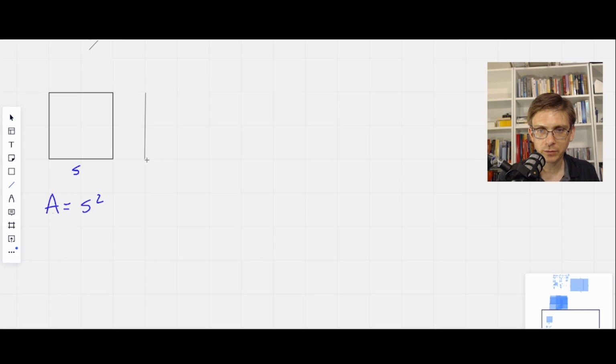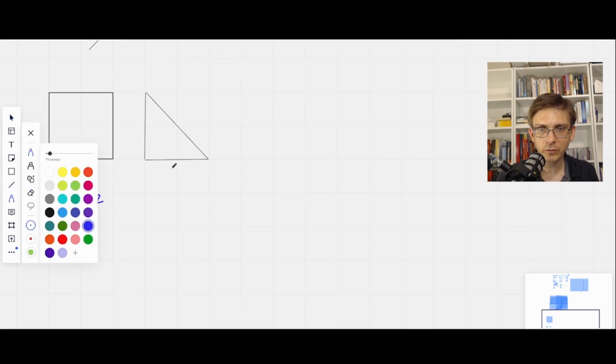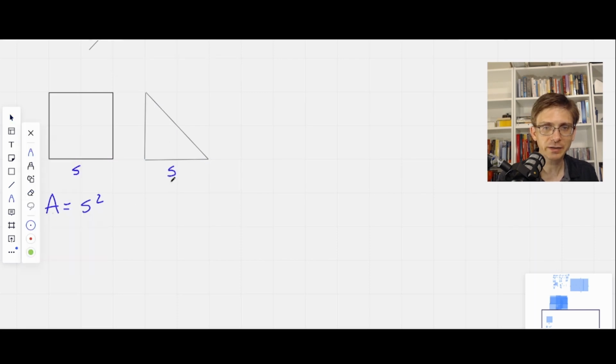An isosceles right triangle is really nice because in this case, the base and the height are our legs, and the hypotenuse comes down at an angle like that. And we know, well, we can call this side S, and the area for any triangle is 1/2 times the base times the height.